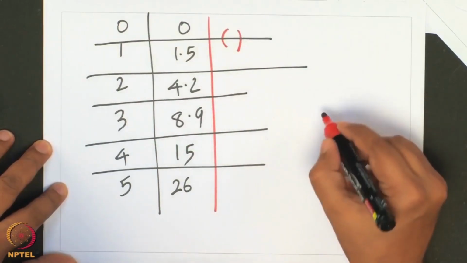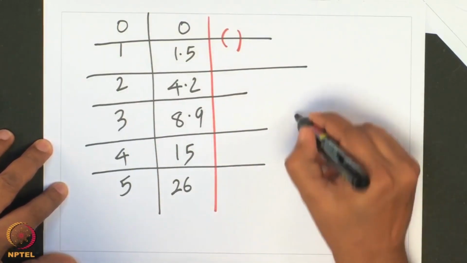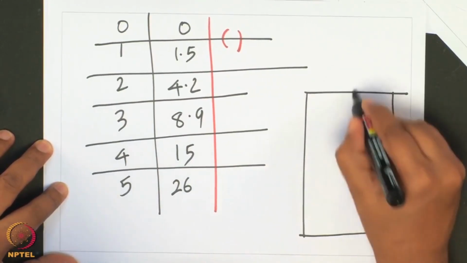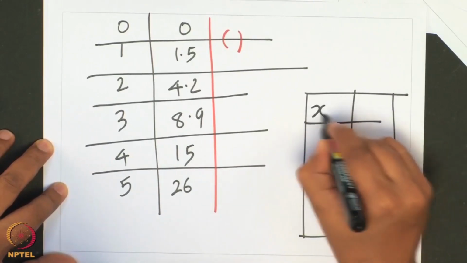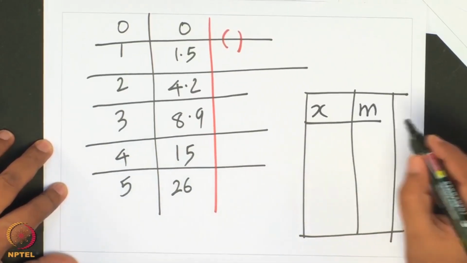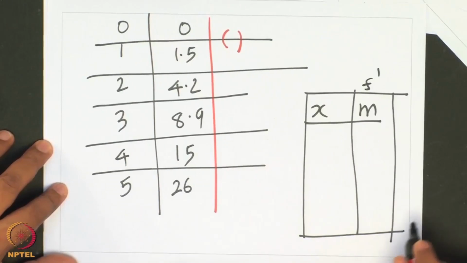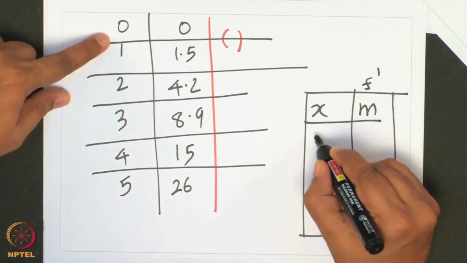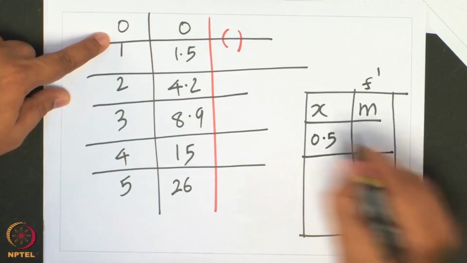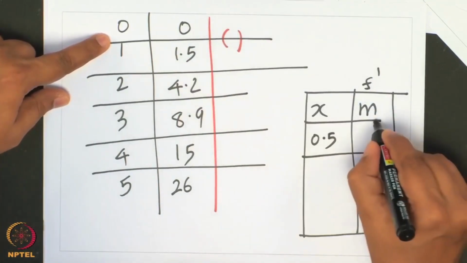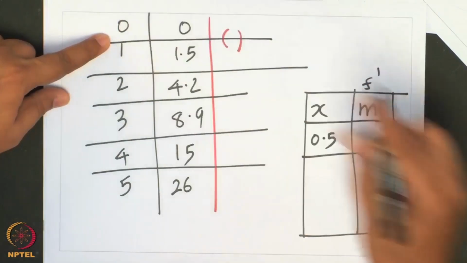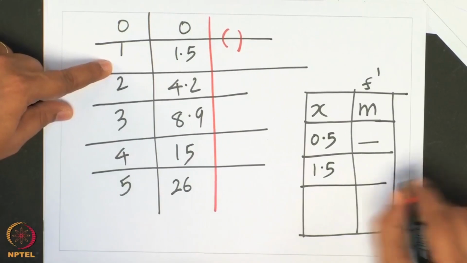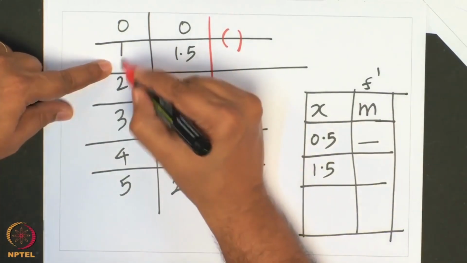The slope at 0.5. So I could make another table here, x versus m, or equivalently f prime. So here you have 0 and 1. Between 0 and 1 I could take 0.5 and find the slope, which is this minus this. Then I could write 1.5, which is between 1 and 2.